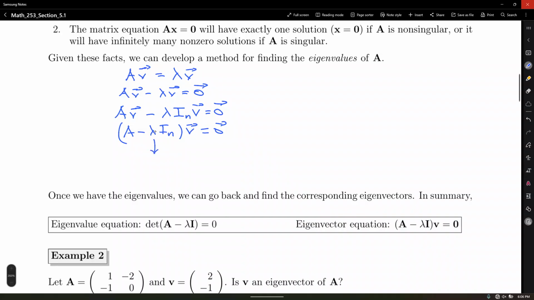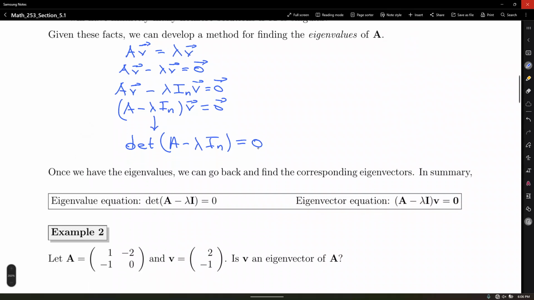But wait a minute, this would be a matrix equation. We want the determinant of A minus lambda I sub n to equal 0. Notice this is the number 0, because the determinant outputs a number, not another vector or matrix. This is the equation we need to solve in order to find the eigenvalues.